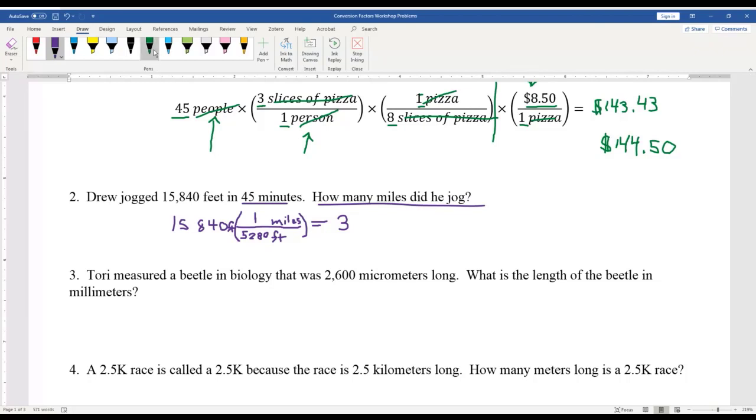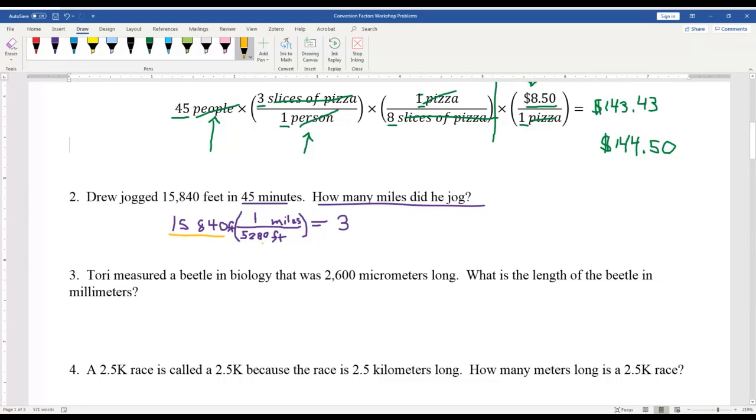And this kind of goes back to our workshop last week with significant figures. So measured numbers would be like the 15,840 feet. That's a measured number. It is something that had to be measured because of the person who jogged it. However, if I see 1 mile or 5,280 feet, you might think that's a measured number, but in actuality, it is an exact number.